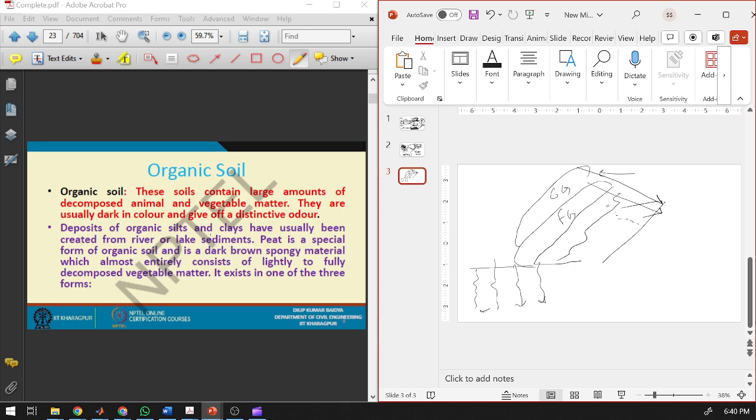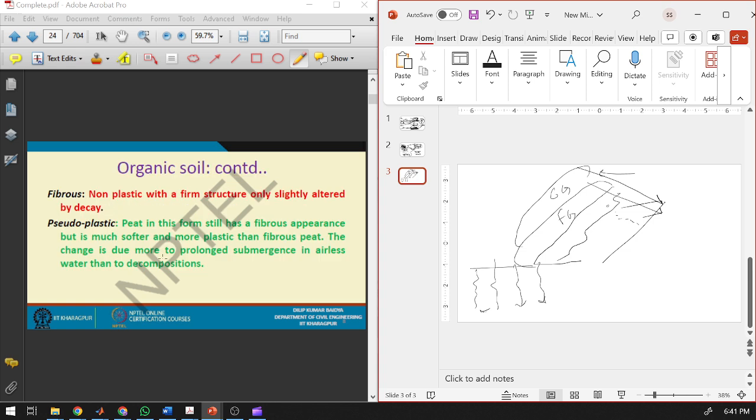and then organic soil has a large amount of decomposed animal or vegetable matter, usually dark in color, giving a distinctive odor. Silts are usually created from river or lake sediments. Peat is a special form of organic soil, which almost entirely consists of fully decomposed vegetable material.